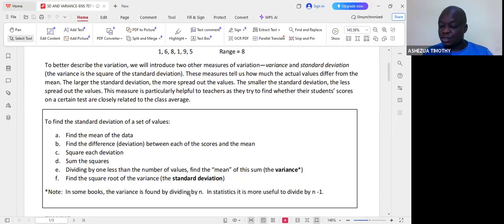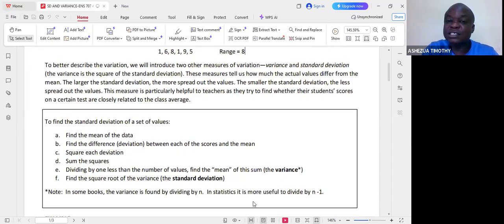This is not too clear. Let me explain to you. If you are dealing with a population, an entire population, you divide by n. But if you are dealing with a sample of scores, just a sample you are taking from the total population, divide by n minus 1.